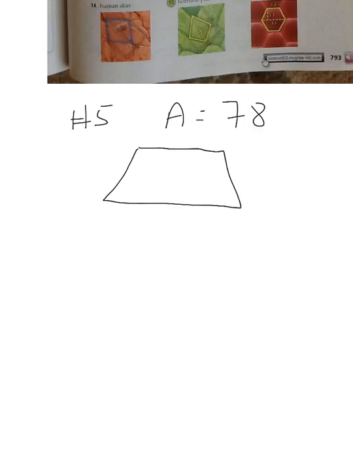In question number 5, they told us that the area of the trapezoid is equal to 78 square centimeters. I'm going to ignore the units for a minute. The picture they gave us has a base of 13, the height is x, and the other base is 6.4.